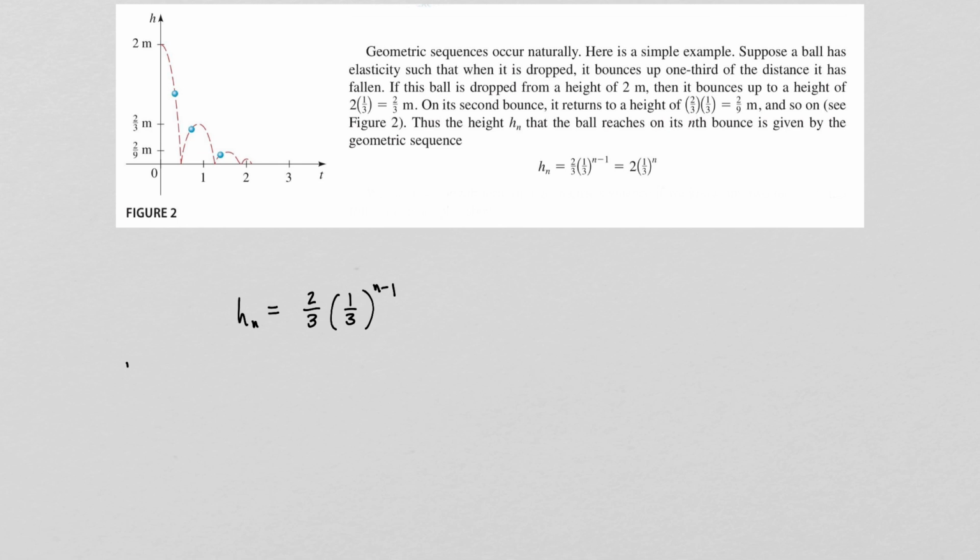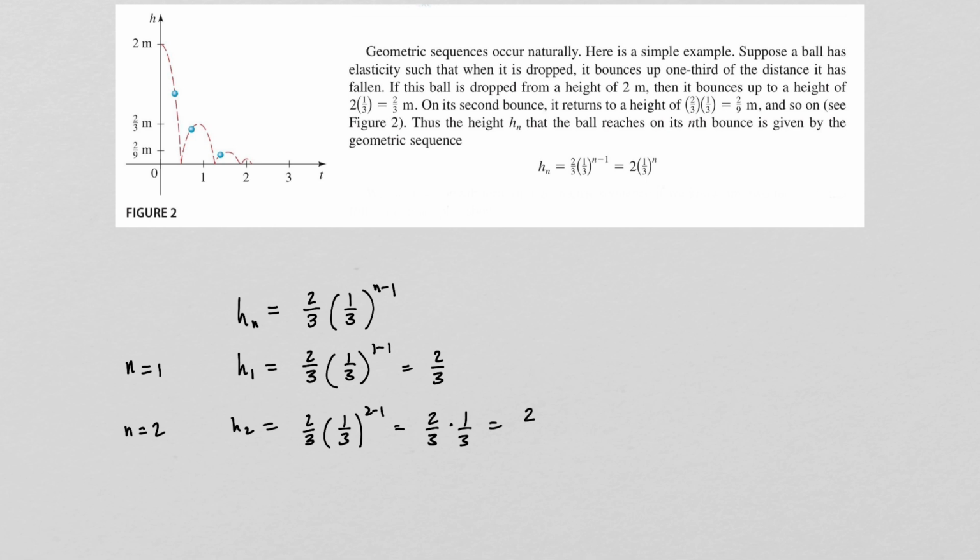And so again, if n equals 1, the first bounce, the height after that first bounce will be 2/3 times (1/3)^(1-1), which is 2/3 times (1/3)^0, which cancels out, so it's just 2/3. After the second bounce, we have h_2 equals 2/3 times (1/3)^(2-1). This is 2/3 times 1/3, which is 2/9, and it goes on from there.